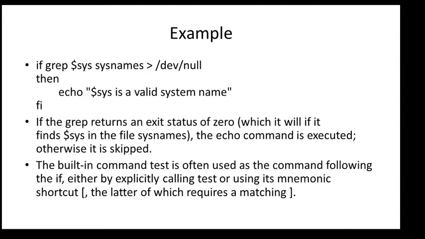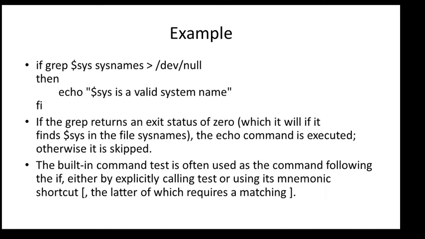If grep system name null, then echo system is a valid system name. If the grep returns an exit status of 0, which it will if it finds the system in the system file names, the echo command is executed, otherwise it is skipped.